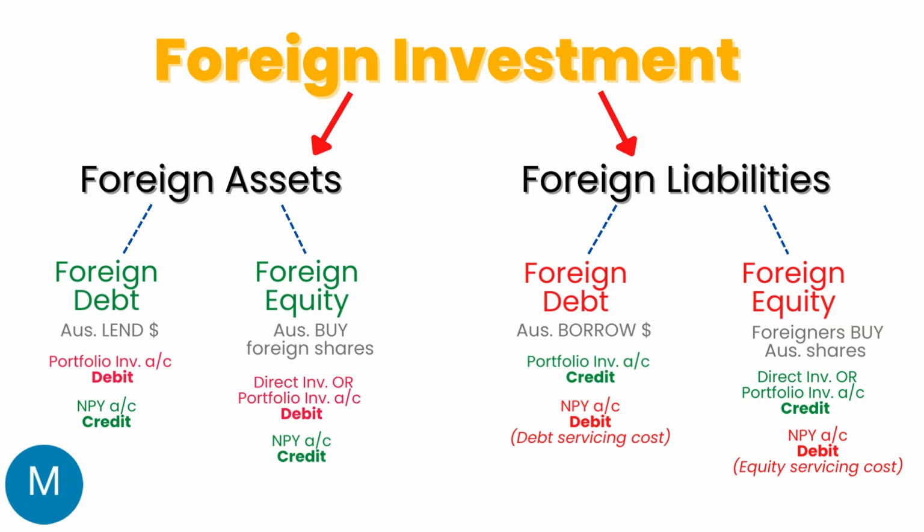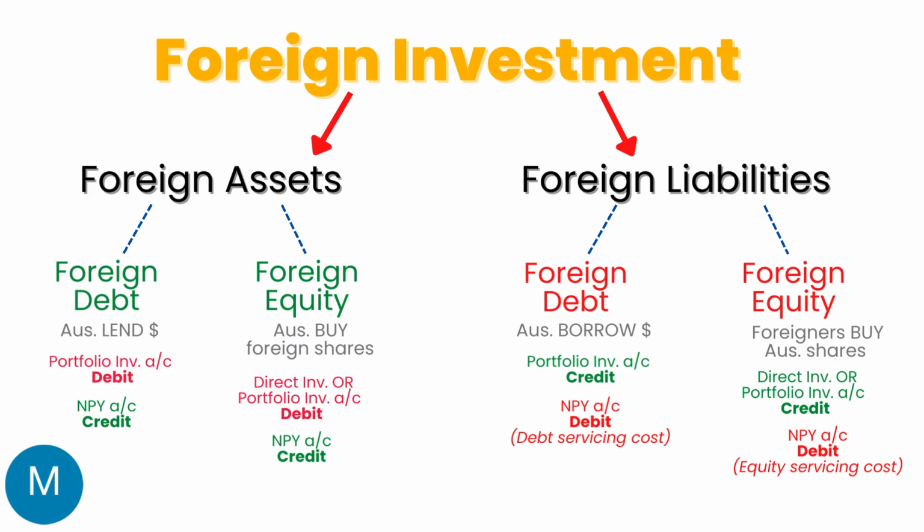Foreign investment can be done by our residents or non-residents. For residents, if we invest abroad, it would increase the foreign assets of Australia. For example, when a resident of Australia lends money to a foreign non-resident, it will be debited from the portfolio investment account of Australia. However, in return, when the non-resident or the borrower pays the interest to the lender in Australia, it will be credited to the MPY account.